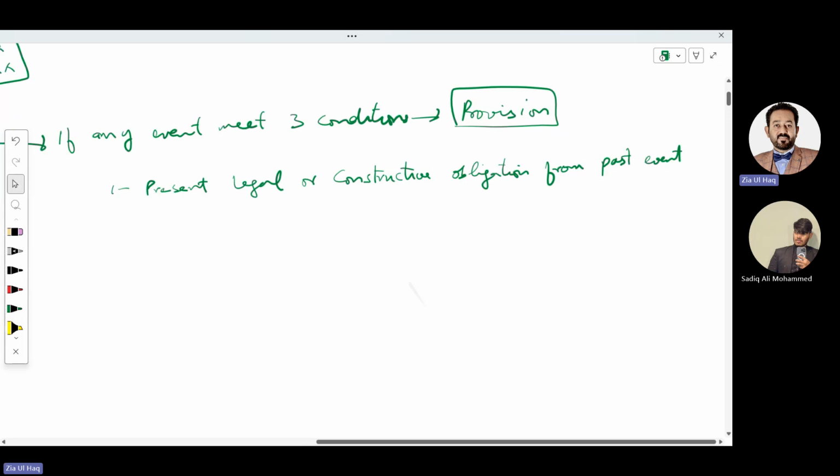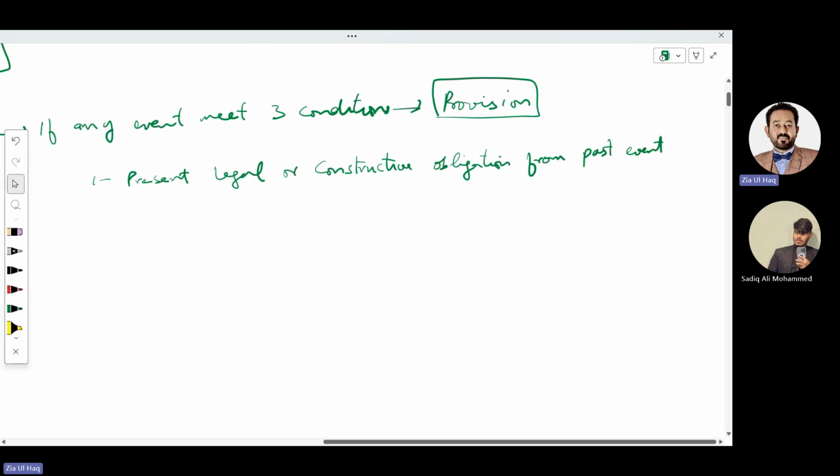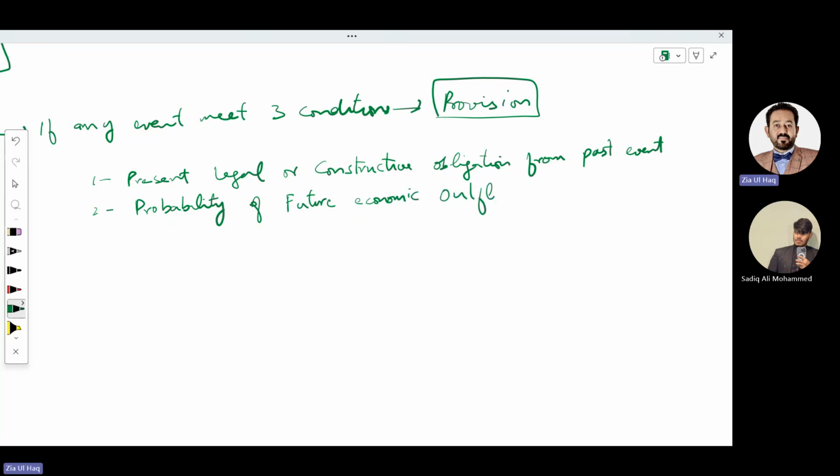Present legal or constructive obligation from past event. Number two, probability of future economic outflow, meaning money outflow.